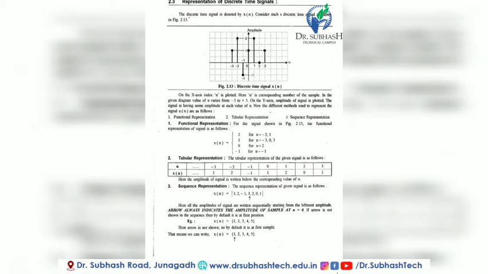Here we represent it in different ways like functional representation, tabular representation and sequence representation. As shown in the figure, it is a discrete time signal x of n.